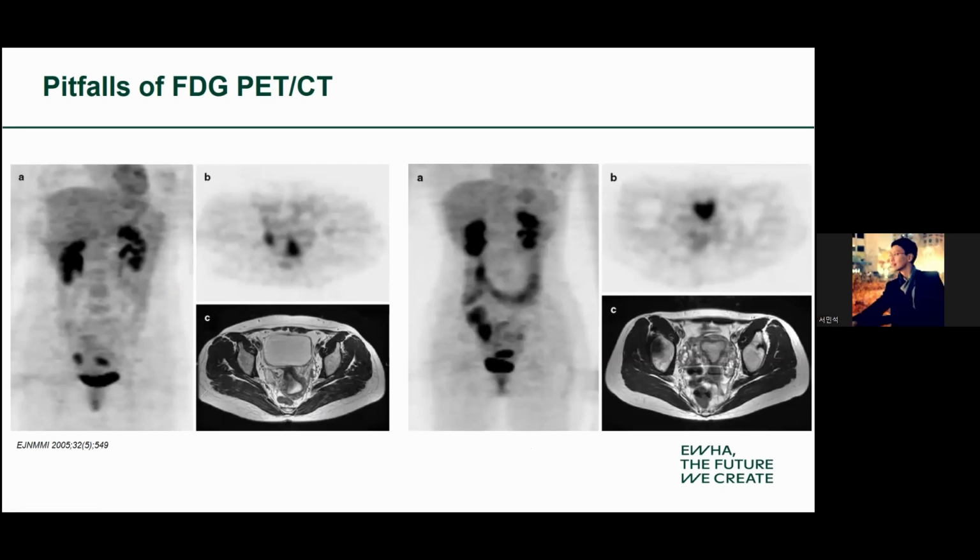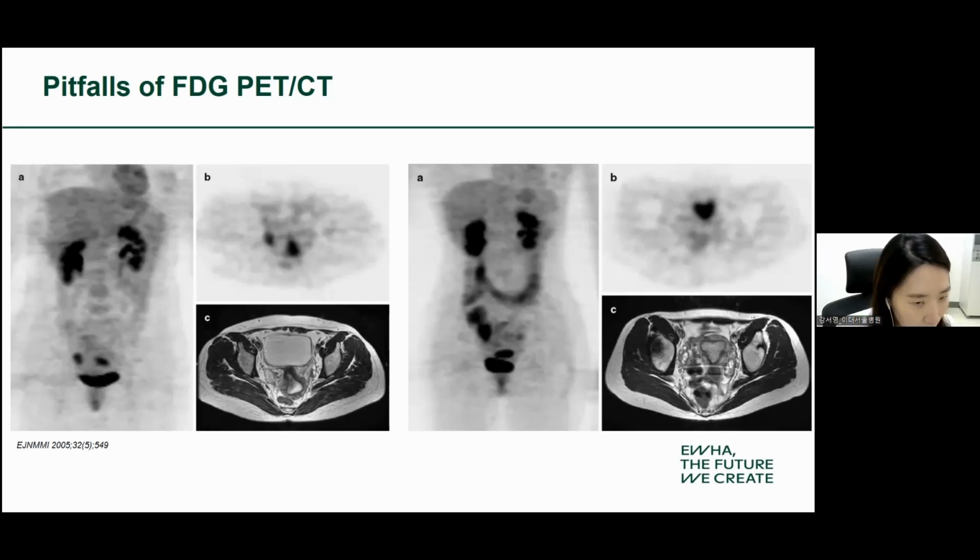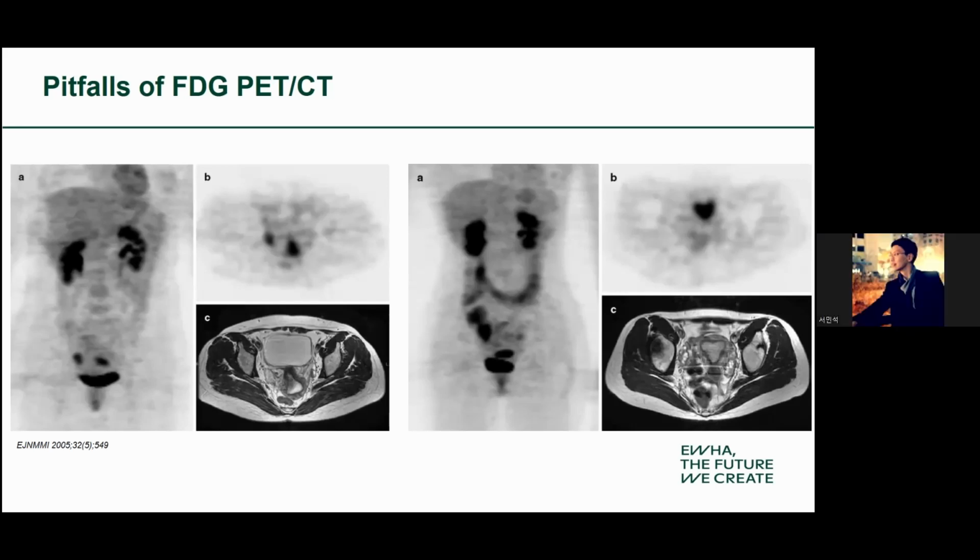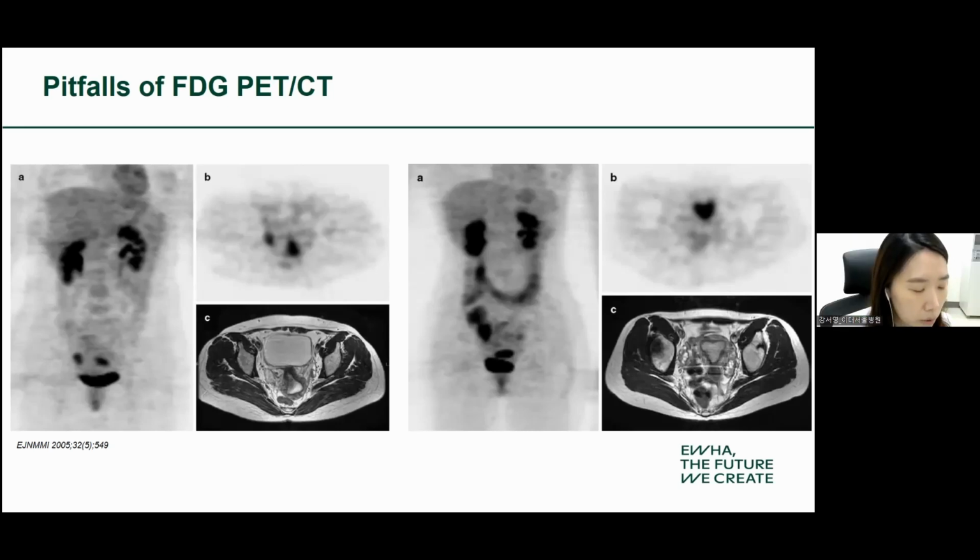Is physiologic ovarian uptake usually unilateral, or is it mostly seen on both sides? Oh, it depends on the patient.